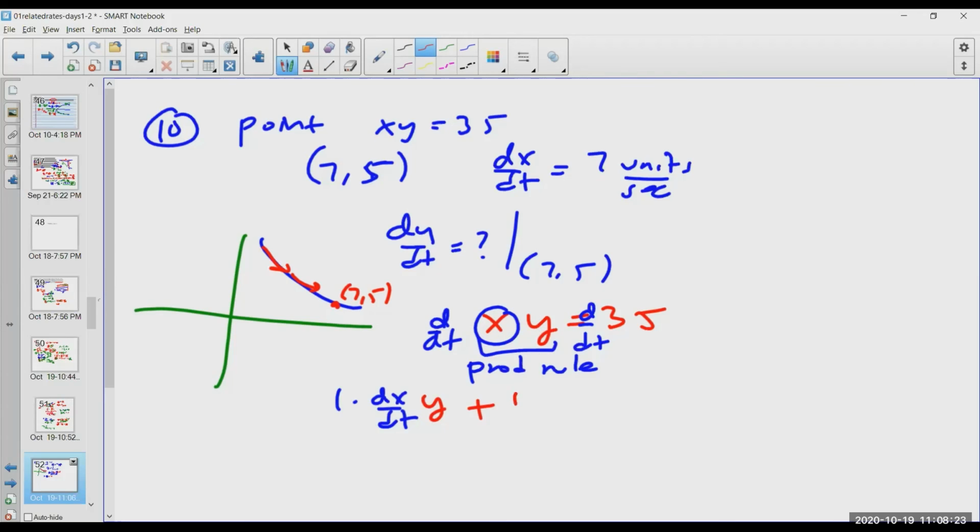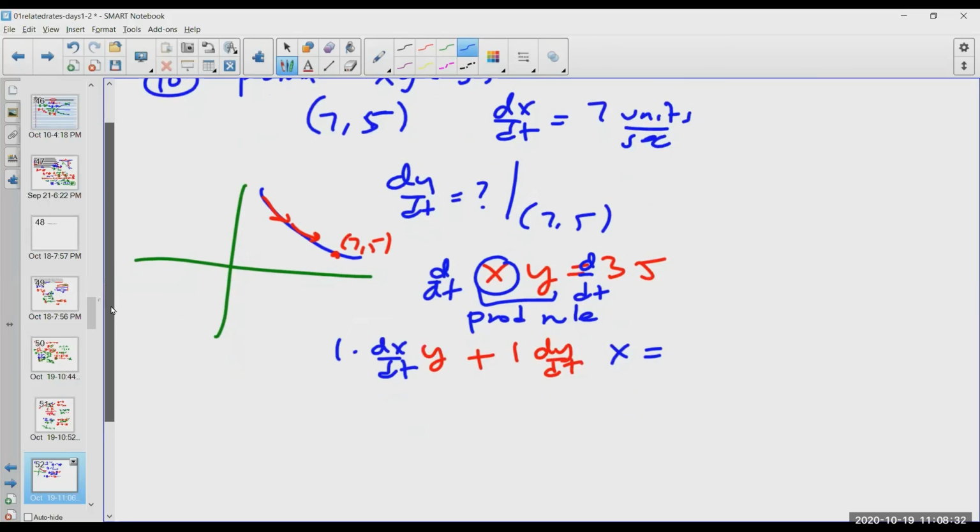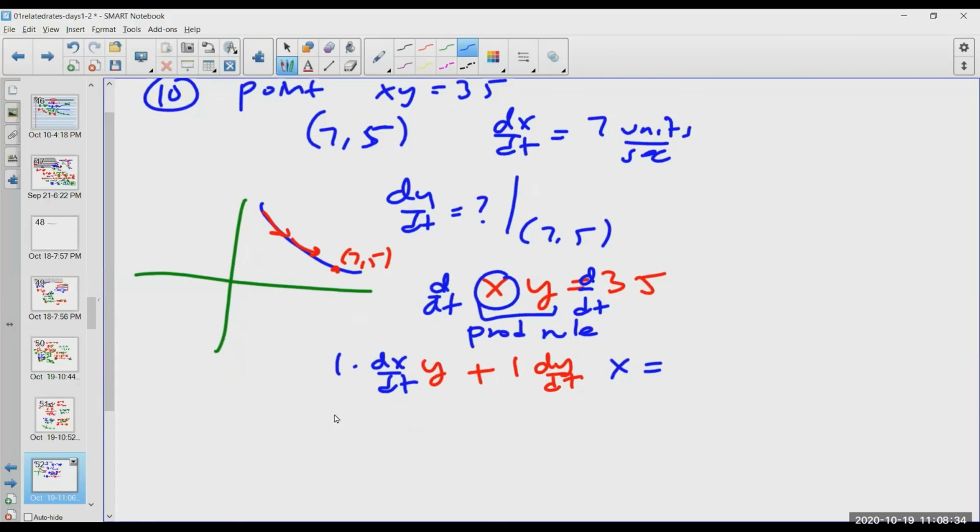It's 1, but don't forget dy/dt, times the first. That's the hardest thing about this problem. When you have x times y, make sure you actually do implicit differentiation. With d/dt, everything gets a little dt on it. Derivative of the first times the second plus derivative of the second times the first.